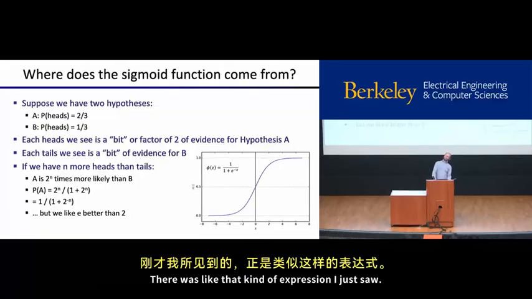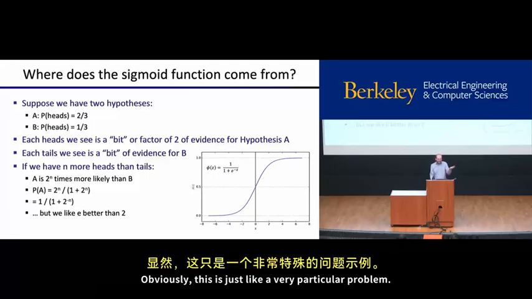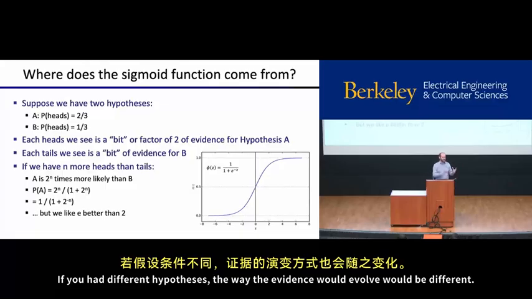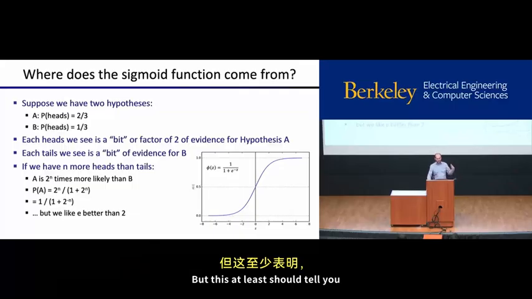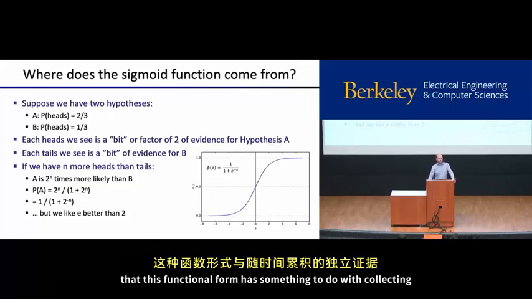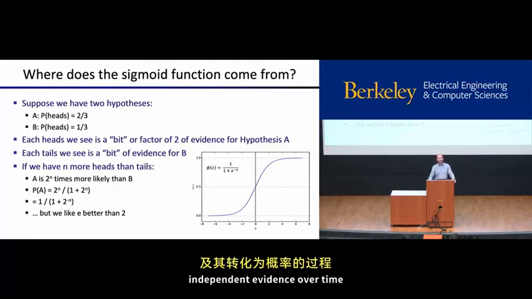Obviously, this is just a very particular problem. If you had different hypotheses, the way the evidence would evolve would be different. But this at least should tell you that this functional form has something to do with collecting independent evidence over time and putting that into a probability.